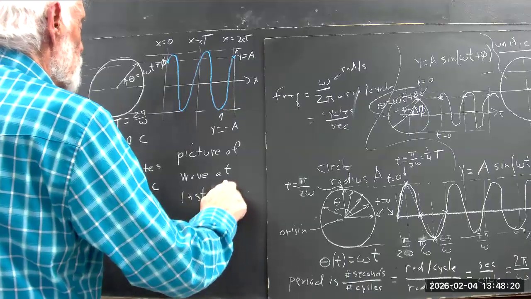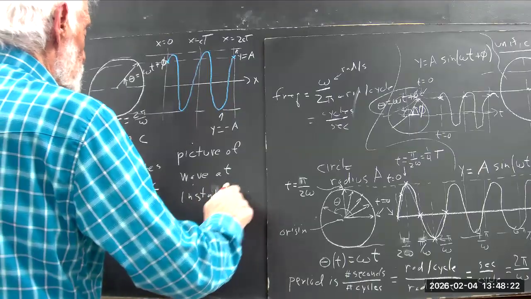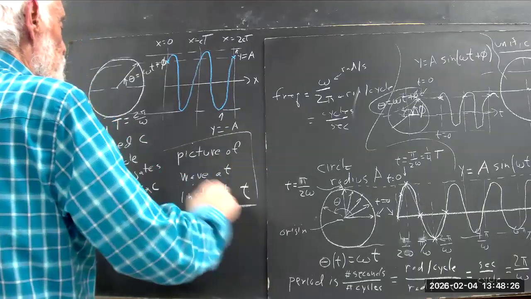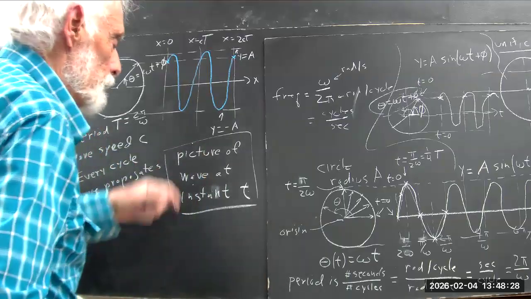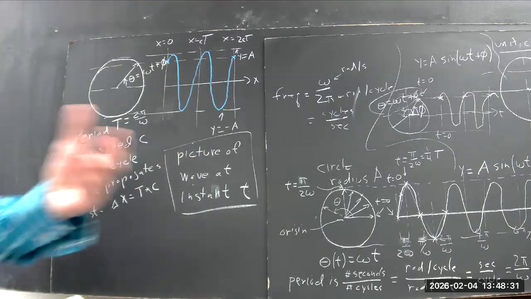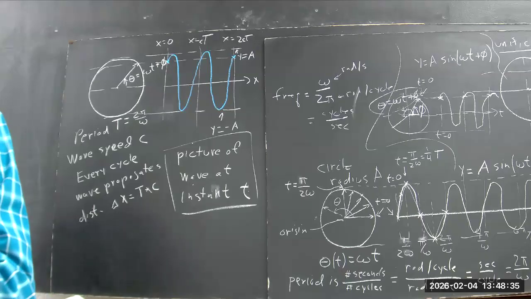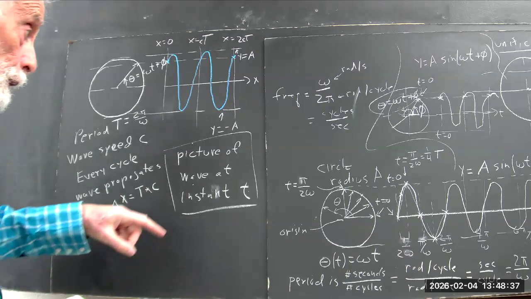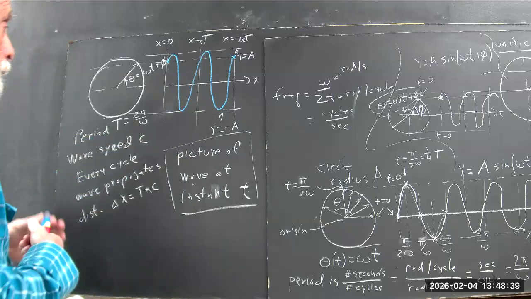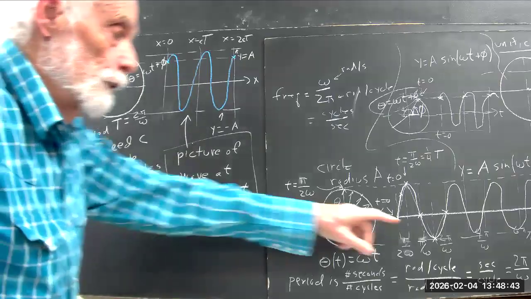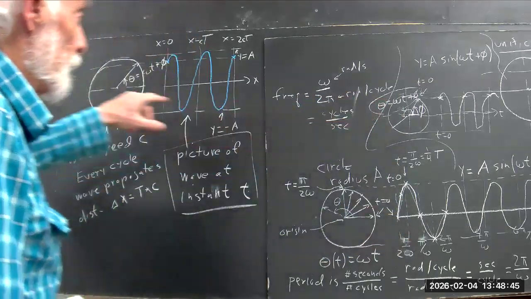Now I'm being a little careless with the syntax of my statements, just so we can say a lot in a fairly short time. So this is a picture of the wave at the instant t. And you want to digest this picture, and this picture.